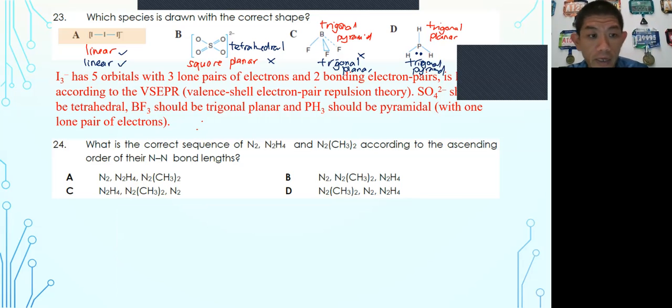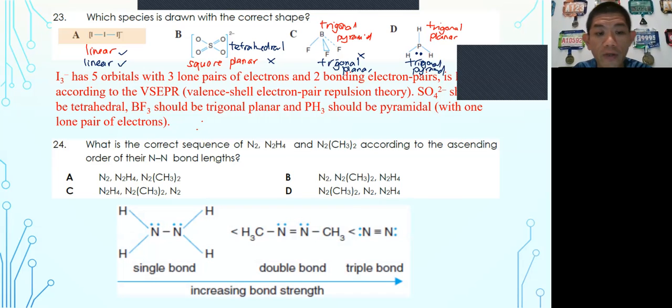As for 24, what's the correct sequence of N2, N2H4, and N2(CH3)2 according to the ascending order of their N–N bond length? In here, you have to first look at the structure. This is the structure of N2H4, whereas this is the structure of N2(CH3)2, whereas this is the structure of N triple bond N. If you have a greater number of bonds, single bond has the longest bond length, followed by a double bond, and then triple bond has the shortest bond length.